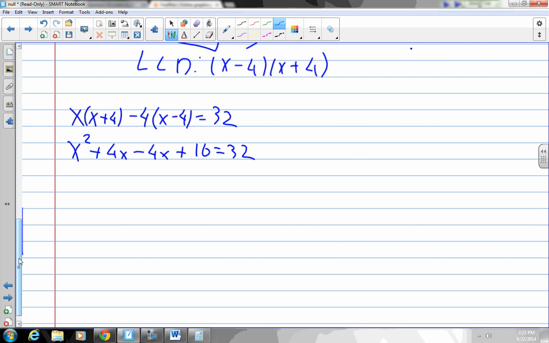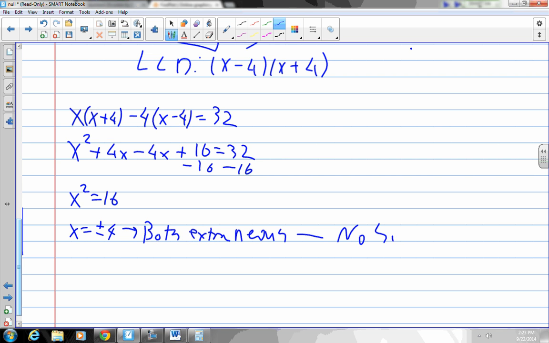The 4x terms cancel, subtract 16. x squared equals 16, so x is plus or minus 4. Neither of those works, right? They both turn your denominator into 0, so both are extraneous. So no solution.